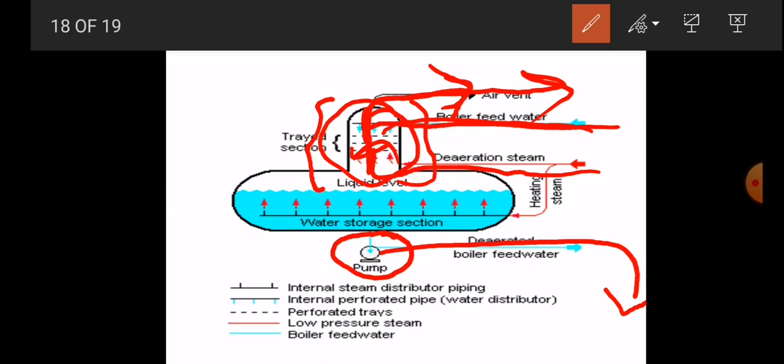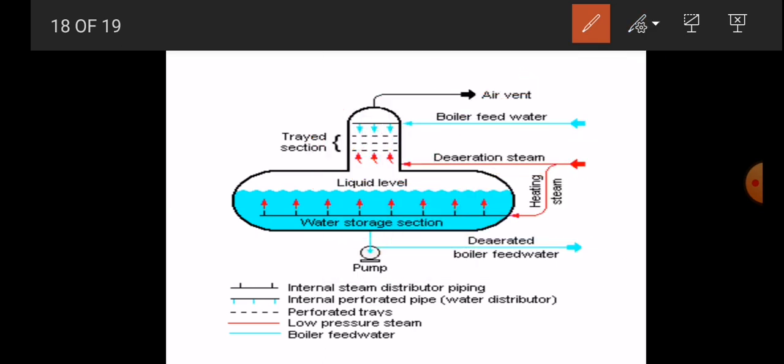The deaerator is generally used to reduce the dissolved gases like oxygen and carbon dioxide from the water, and after that the feed water passes through the pump. This way pump bubbling will be reduced, and the water easily goes in the upward direction into the economizer, and after the economizer it passes into the boiler shell, right?